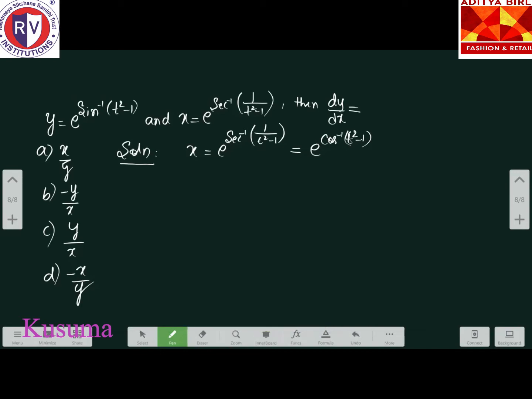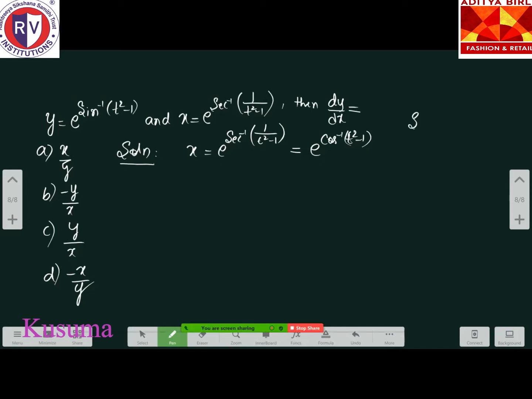Can you tell me how we will write secant inverse of 1 by t square minus 1 as cos inverse t square minus 1? Reciprocal. Yes. Cos inverse is equal to 1 by secant inverse.